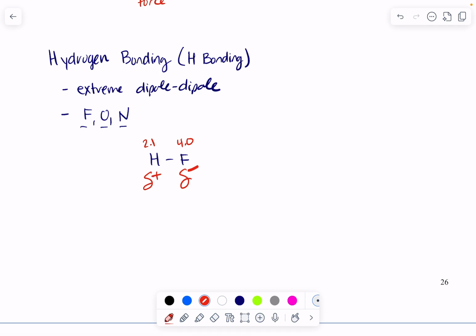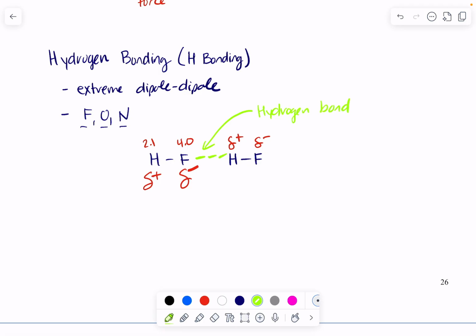Similar to the example with HCl, you never have one molecule of HF, so we'll put in another molecule, and we'll consider both scenarios. Here, hydrogen's still delta positive, fluorine's still delta negative. Our scenarios are that this F could be attracted to this F, or this F could be attracted to that H. Hopefully you say, Mr. Payne, by now I know that opposites attract, so these guys are going to have attraction to each other, meaning this one is not reasonable, and so this attraction between them, this is our hydrogen bond.